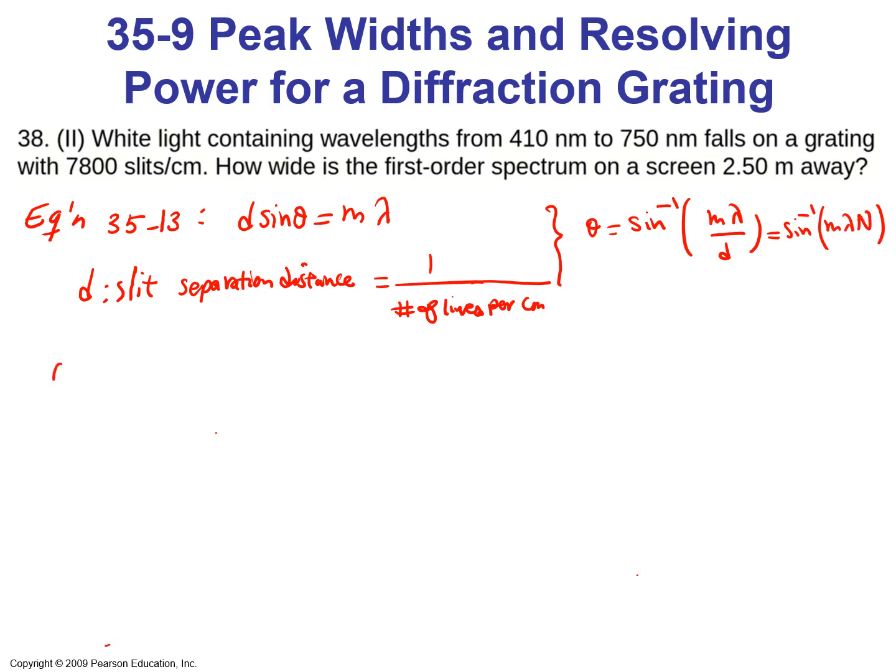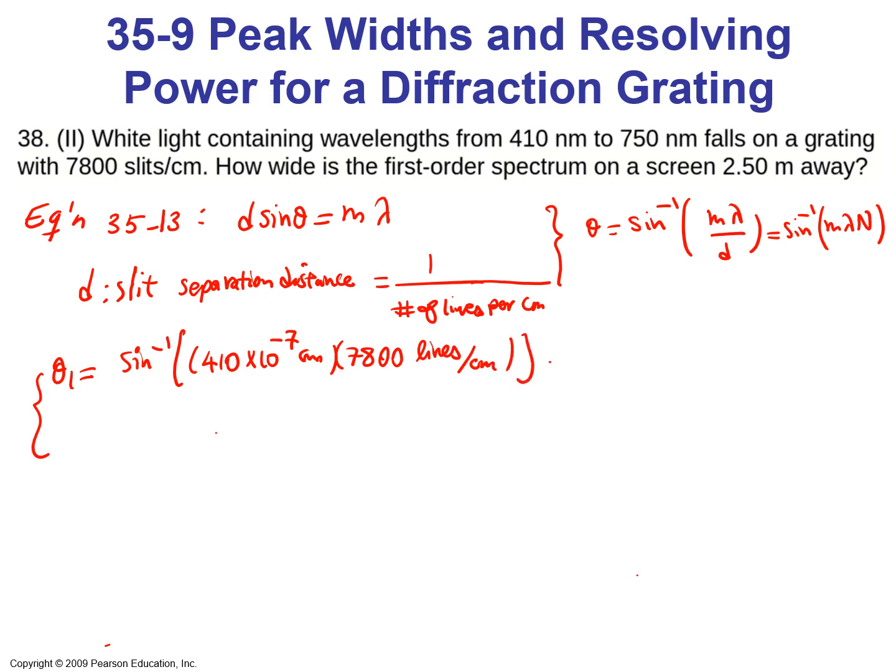Okay, so we solve it for theta 1. We have inverse sine of 410 times 10 to the power minus 7 centimeter multiplied by 7,800 lines per centimeter, and that gives us 18.65 degrees.